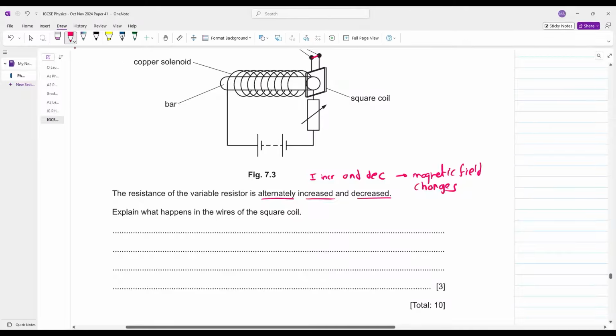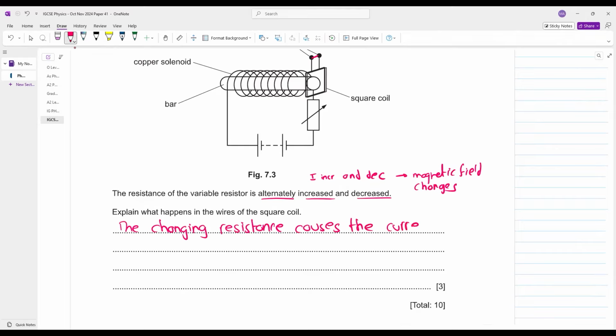You will first of all say the changing resistance causes the current in the solenoid to change.